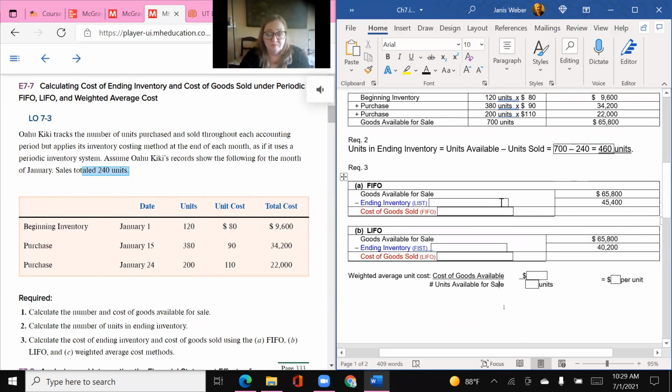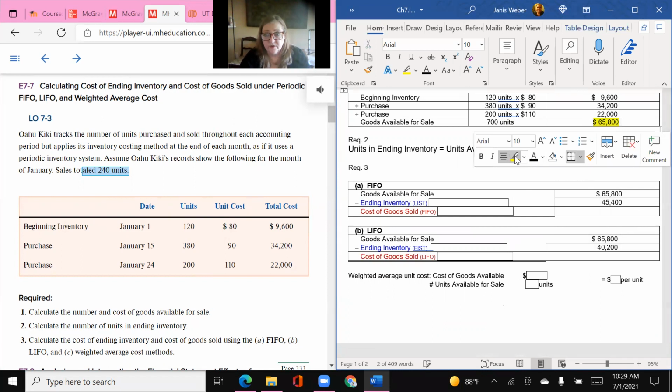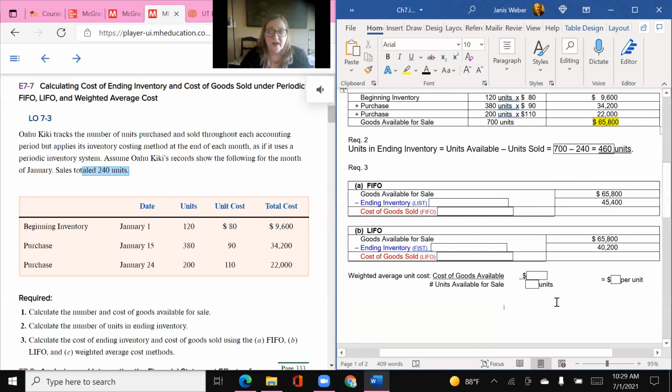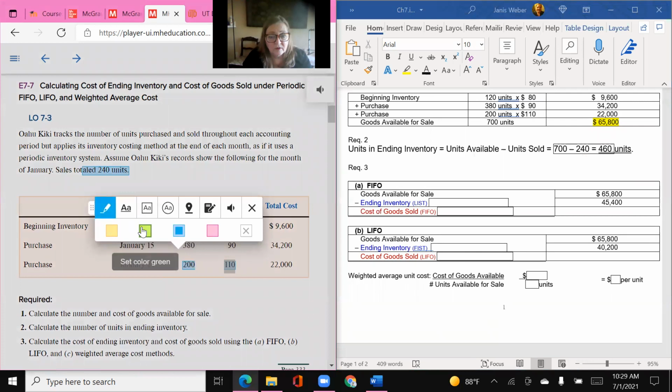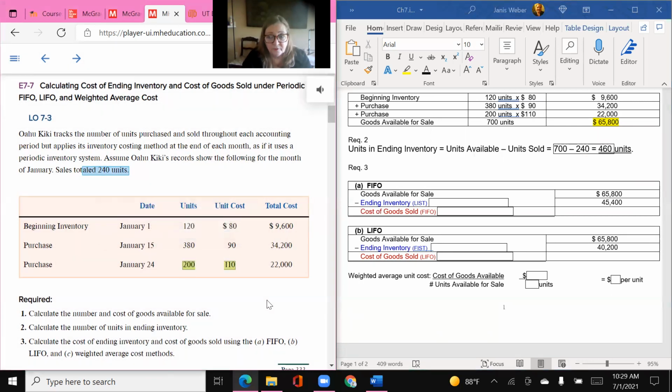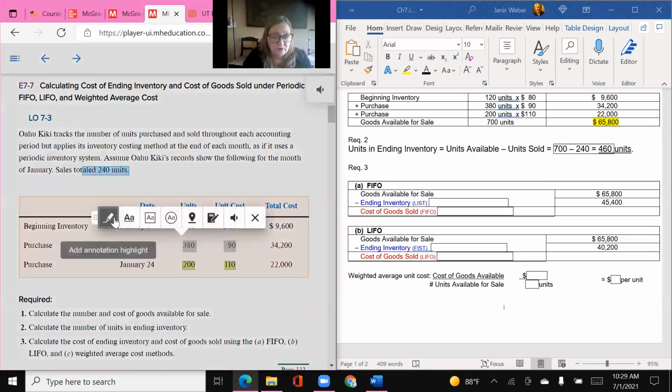So for FIFO, we start with the goods available, 65,800, and that's just coming from right here. And then we calculate the ending inventory. First in, first out means the earliest ones were sold. So that 460 units is coming from this last lot, 200 at 110, 200 of them from there, and then 260 of them are from this second group.